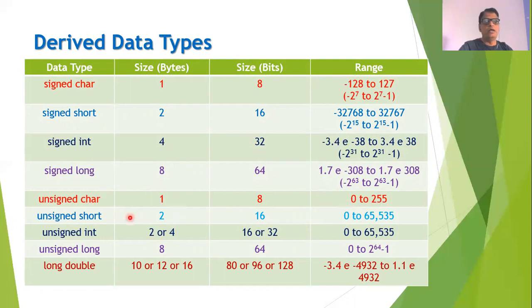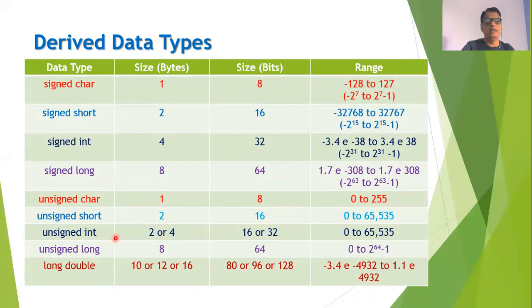In case of unsigned short, you will find that the size will remain the same, isn't it? But the range will get enhanced because we are dealing with only positive numbers and there is no provision for dealing with negative numbers. Therefore, the range will be from 0 to 65535.